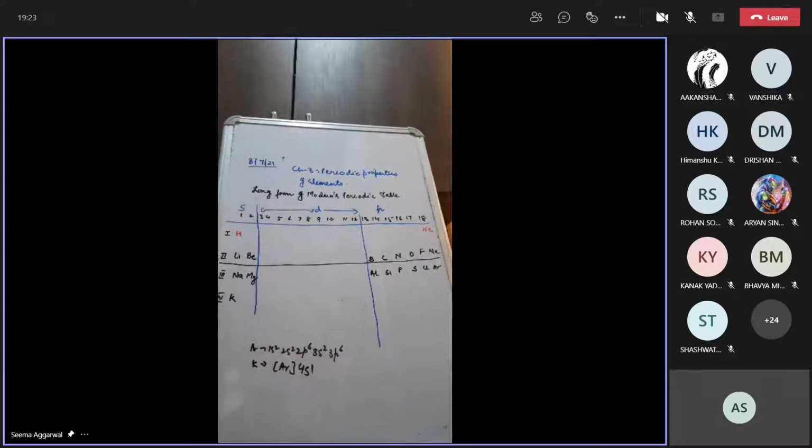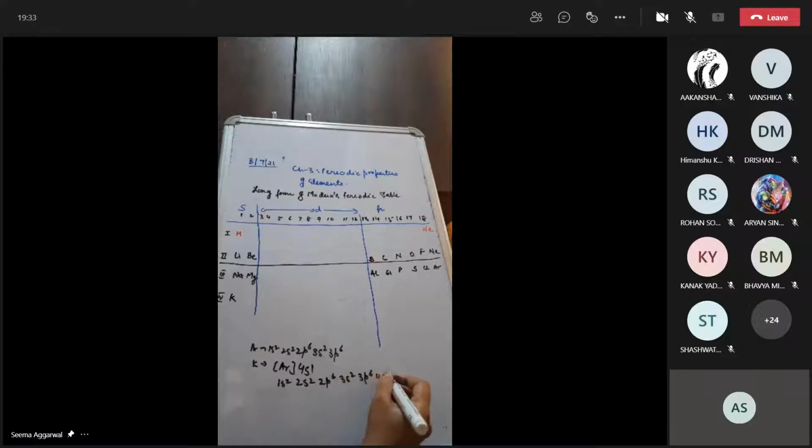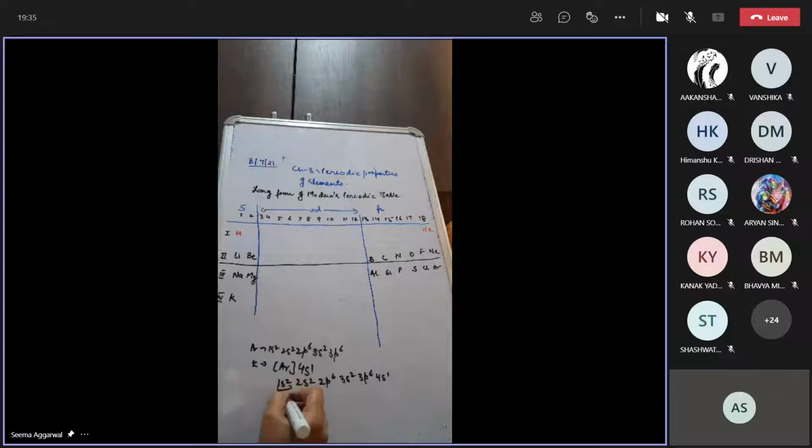And one more thing, if I am writing the electronic configuration of potassium completely, you'll see, what should I write? 2, 8. Now n is equal to 3, we can say electrons 8 and then 1. Because the electron is not going into the 3d orbital, it is going into the 4s orbital.